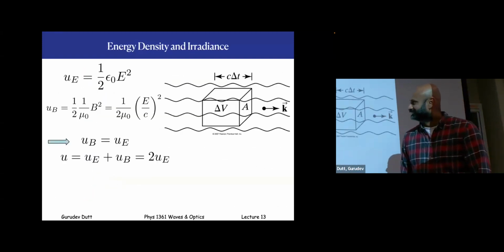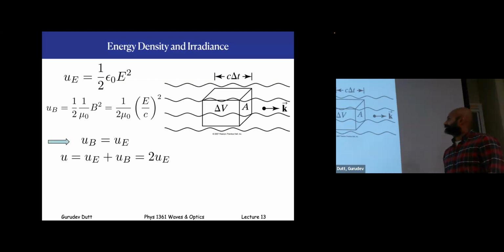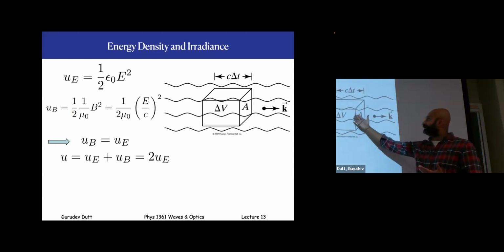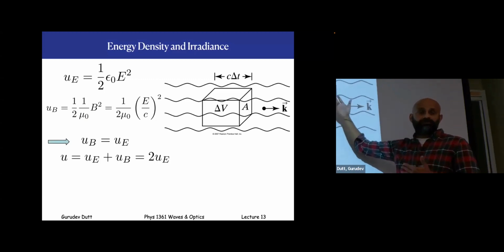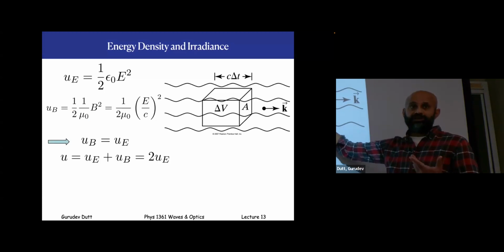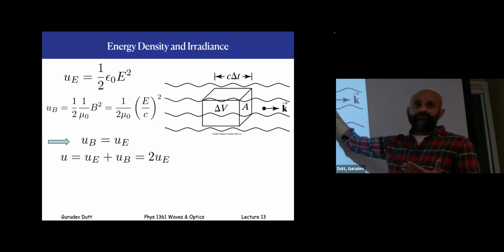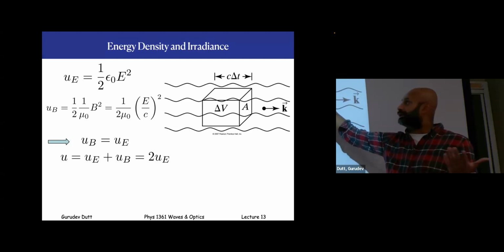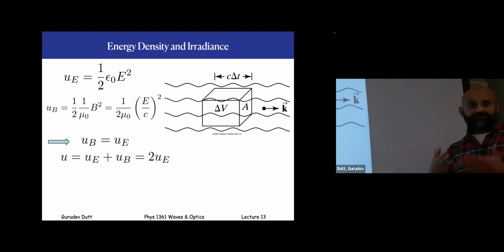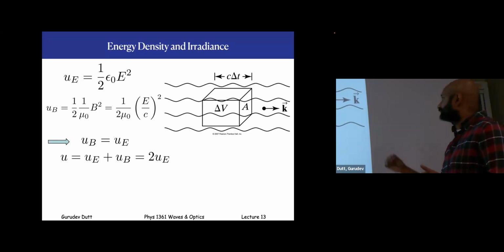There is another way to think about this formula for the Poynting vector, in terms of the energy density. Remember our picture is that the irradiance or intensity is the amount of power of the electromagnetic wave crossing some cross section A. Its unit is watts per meter squared, so it has the physical intuition of power crossing a unit area in some time period delta t, which is energy per unit time.